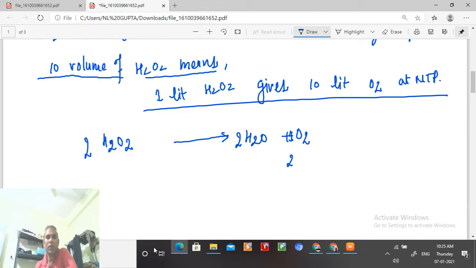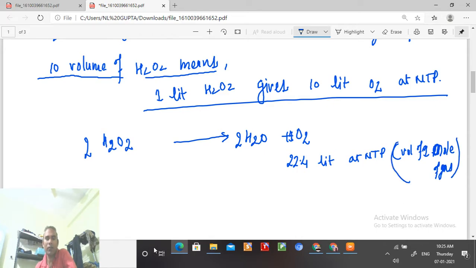Oxygen is here 1 mole. So the volume of 1 mole of gas at NTP is 22.4 liter. What gas is there? Oxygen is there.